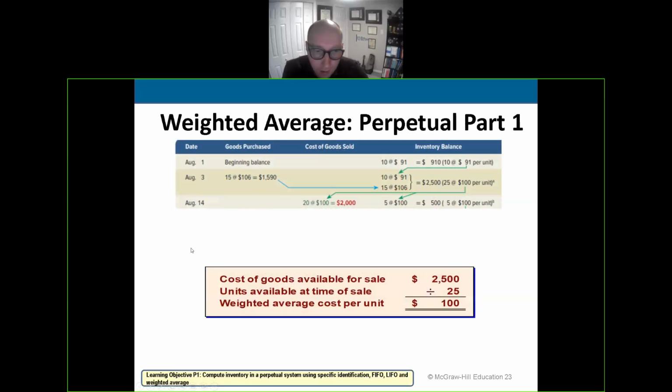Very, very simple, yes? Take the cost of goods available for sale, $2,500. We divide by the 25 bicycles that we have on hand on that date to give me a weighted average cost per unit of $100. Very, very straightforward.